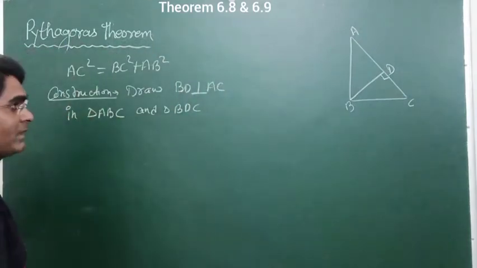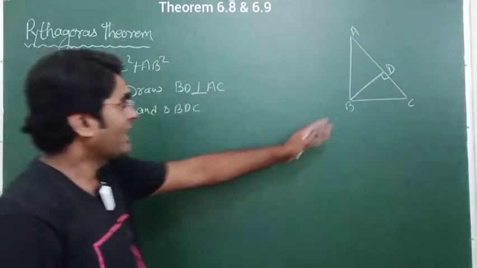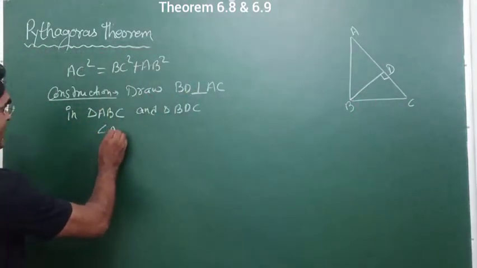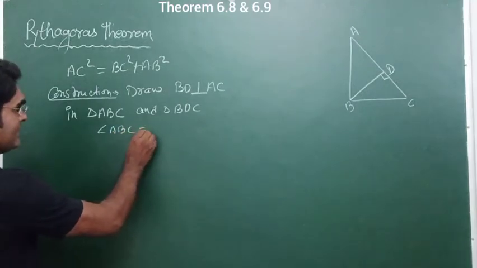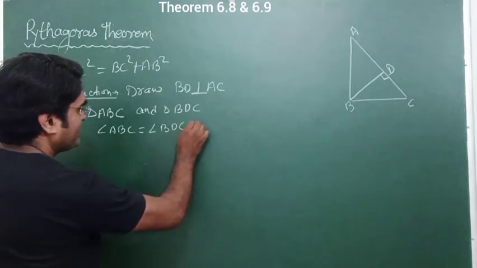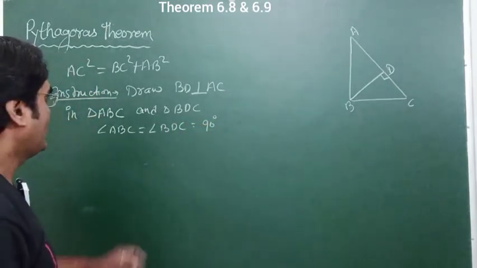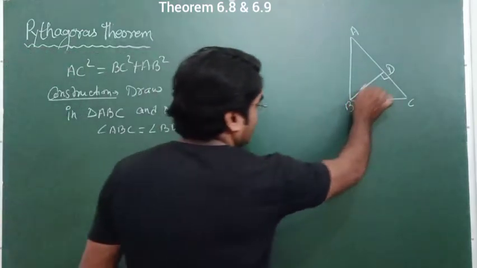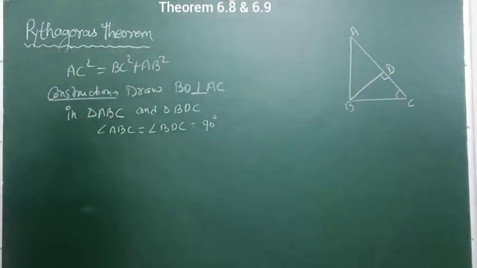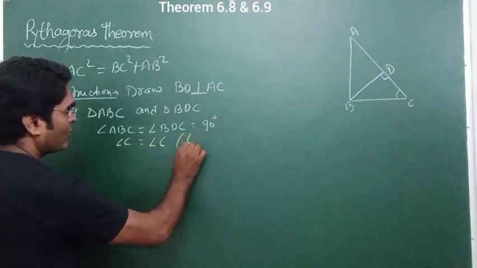How? See. In triangle ABC and BDC, angle ABC is equal to angle BDC. Why? Because both are 90 degrees. Got it? And you can see in BDC and ABC, C is common, so angle C is equal to angle C. This is common.